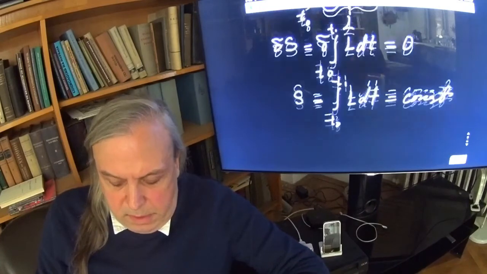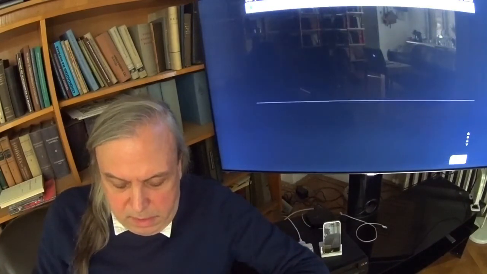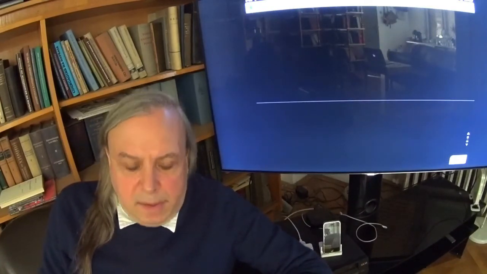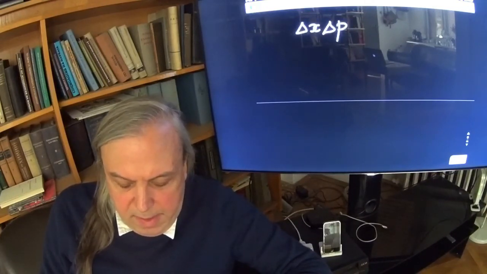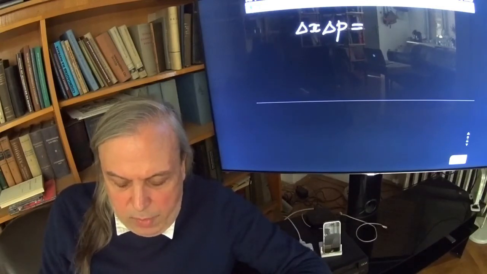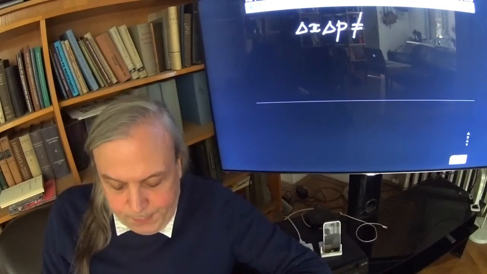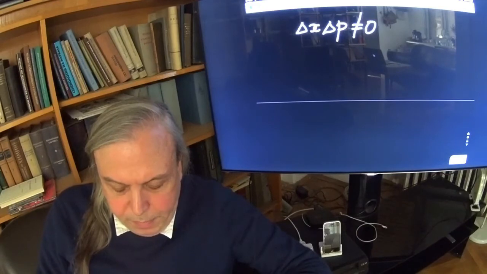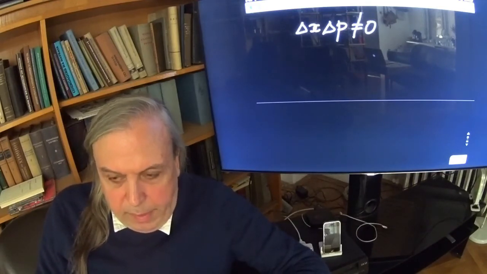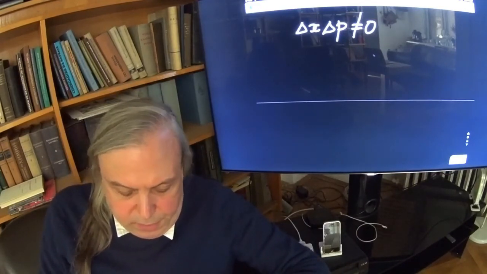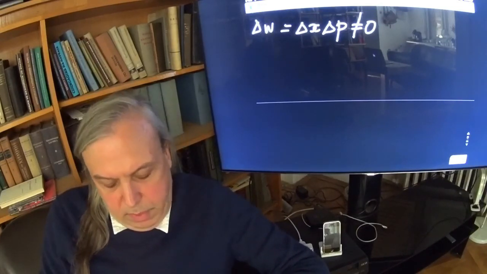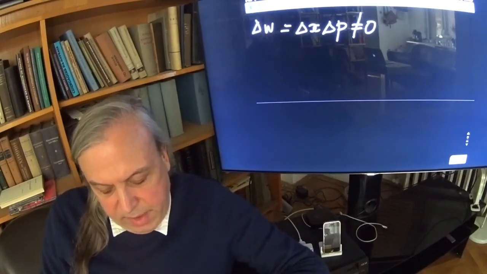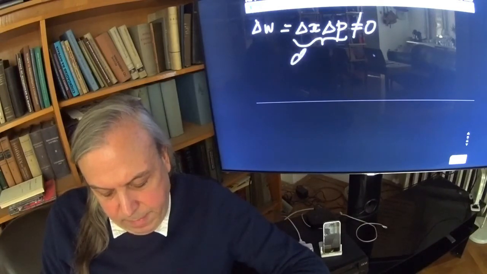And there must always be a non-zero product of this couple, delta x times delta p, must always differ from zero. And this, of course, we can denote by delta W. This is the action, this is a classical action.